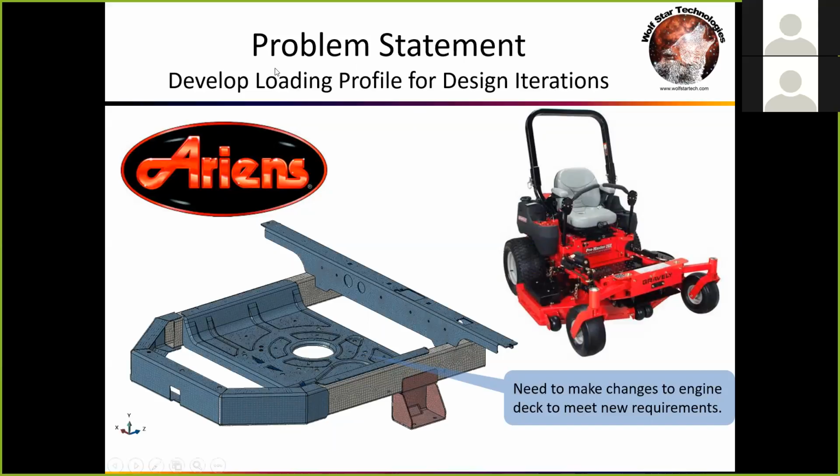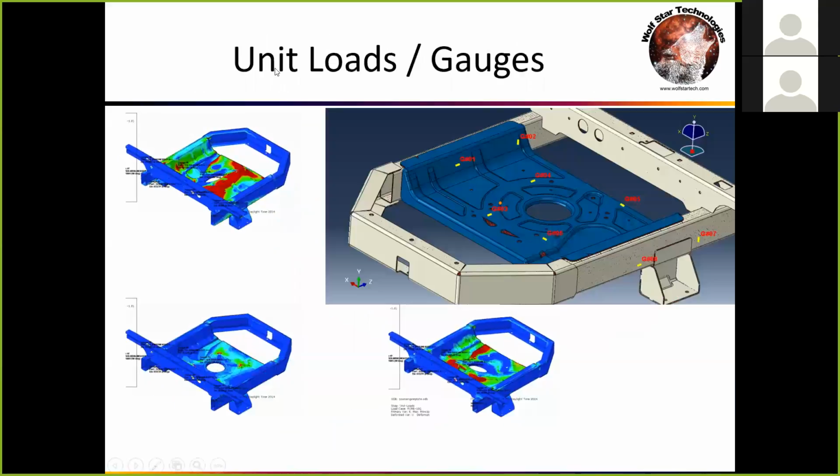Working with the engineers, we agreed that this was a base excitation problem. So what we did is we put a lump mass to represent the engine on this engine deck, and then we put a series of X, Y, and Z acceleration loads on this structure. So we're choosing to model the excitation as X, Y, Z acceleration loads.